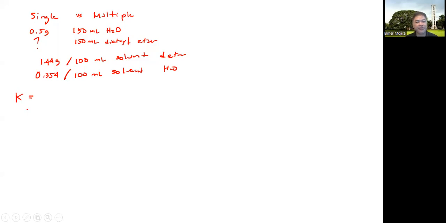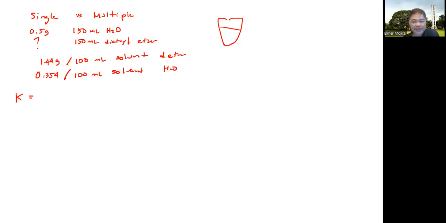We're not going to solve using the C1V1 value here. Remember, the behavior that you have here is this 150 ml. What we're trying to do is determine how much of the 0.5 will go to the diethyl ether and how much will remain in water.